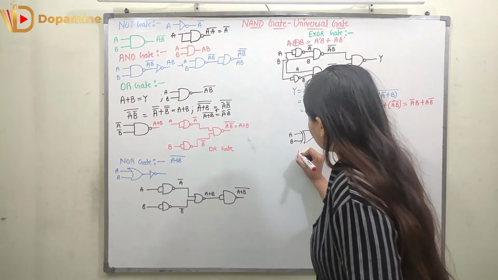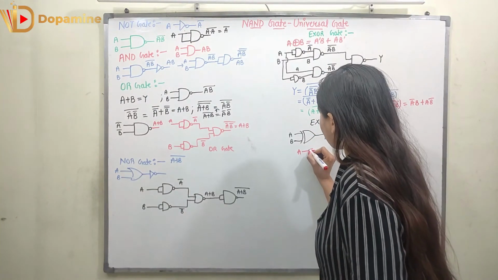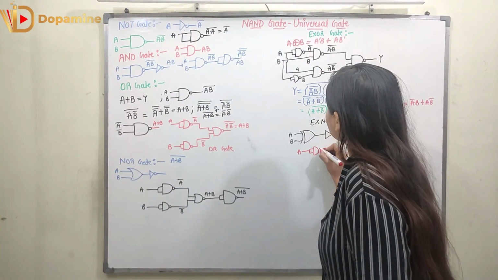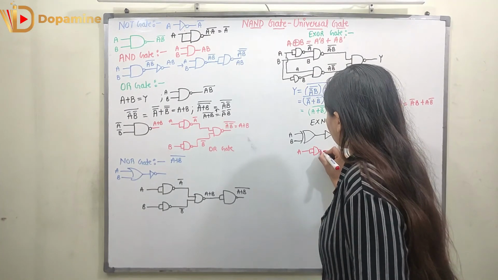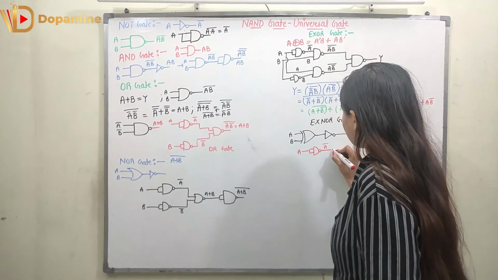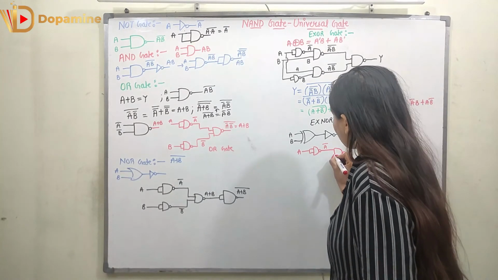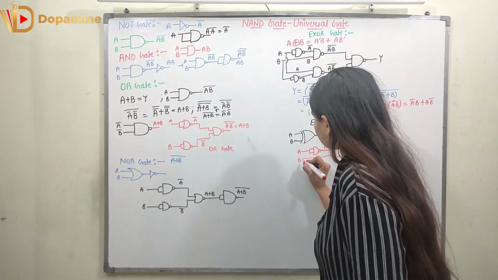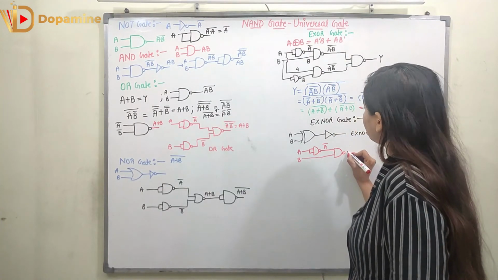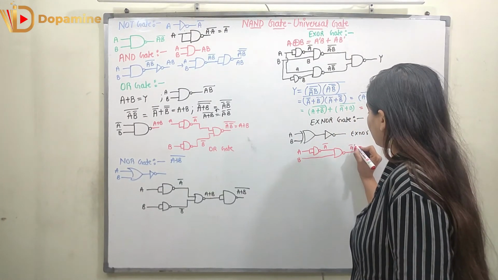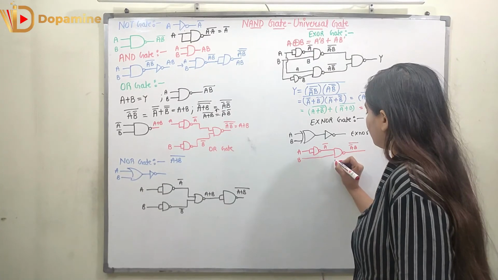Over here we have the A input. A input is supplied with the help of an inverter. Here I will be getting A bar. It is supplied to a NAND gate. Over here I will be having B. Now this NAND gate will be giving me A bar B whole bar.